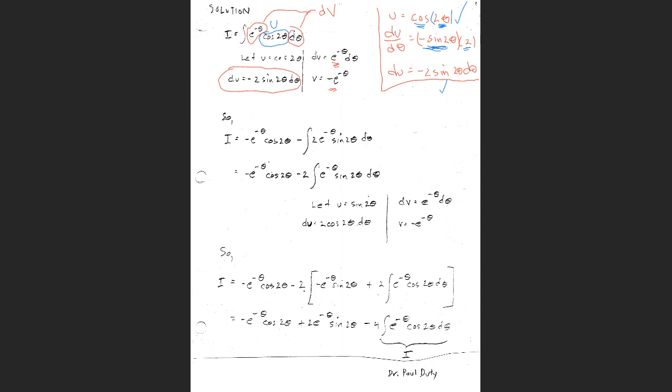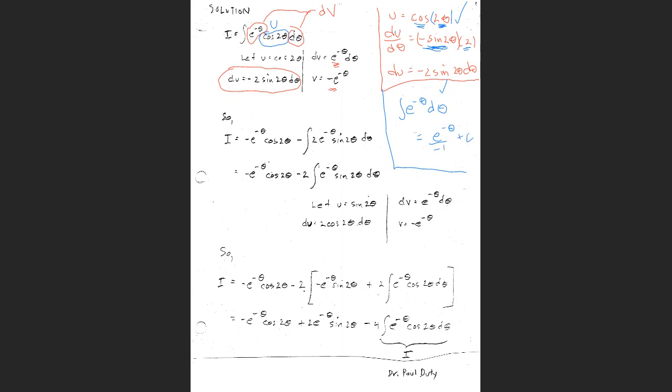And if you want the antiderivative of e to the negative theta d theta, that will equal e to the negative theta over negative 1 plus a constant.